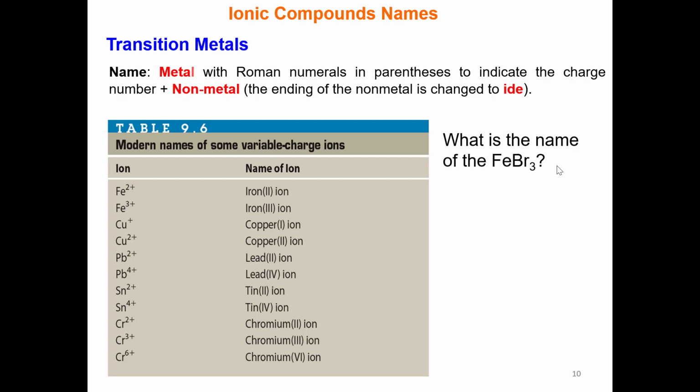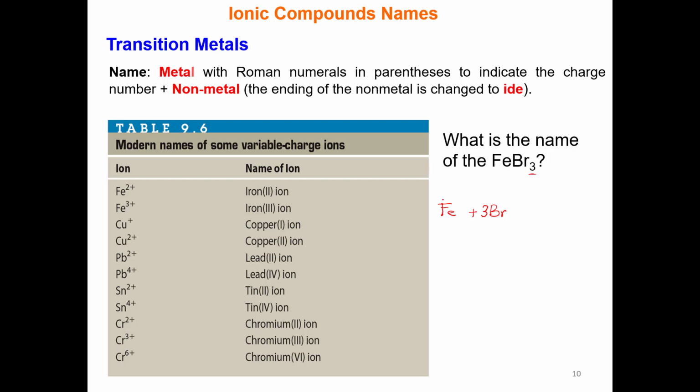Now let's write the name of this compound. To write the name, first we want to write the equation for this compound. Because the compound involves iron and bromine, we will write first iron plus bromine. Because we have 3 bromines, we will write 3 here. The next thing is to write the charge of each ion.